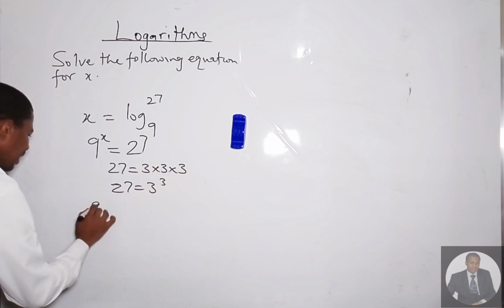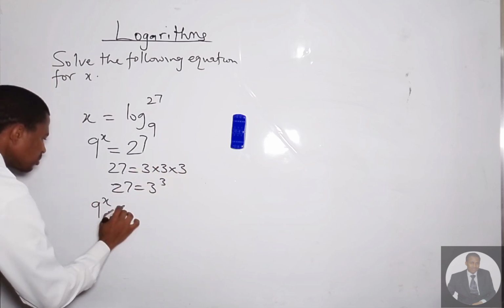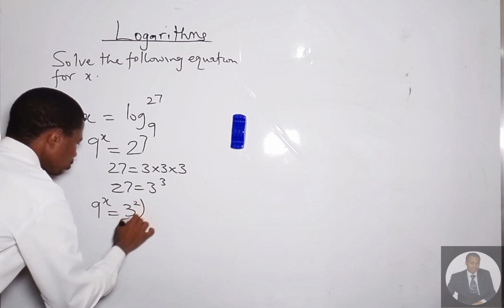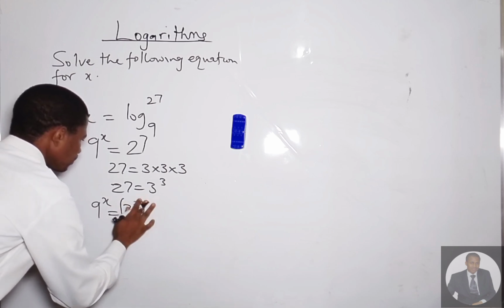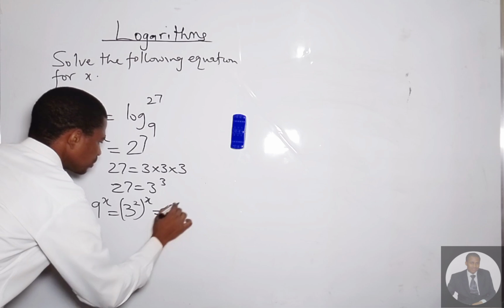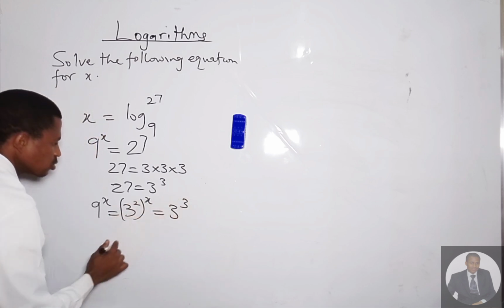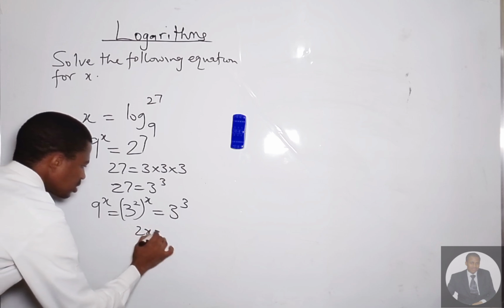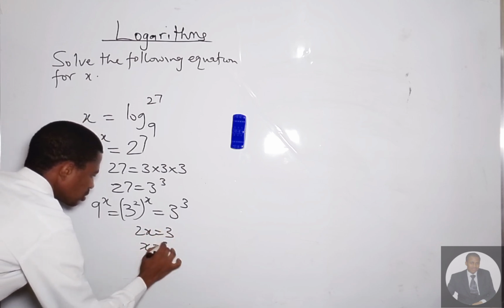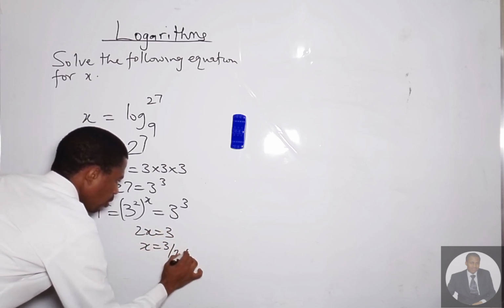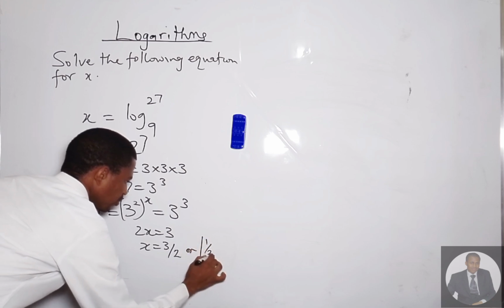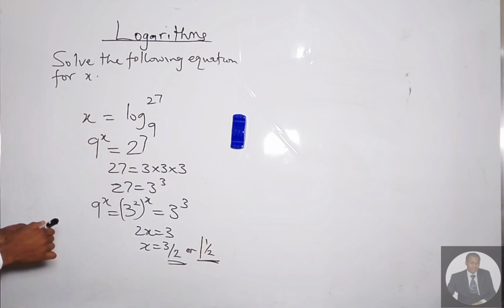So we have 9 to the power of x, which is the same thing as 3 to the power of 2x, equals 3 to the power of 3. If the base is the same, the exponent is also the same. So 2x equals 3. x equals 3 over 2, or one whole number and 1 over 2. x is either 3 over 2 or 1.5.